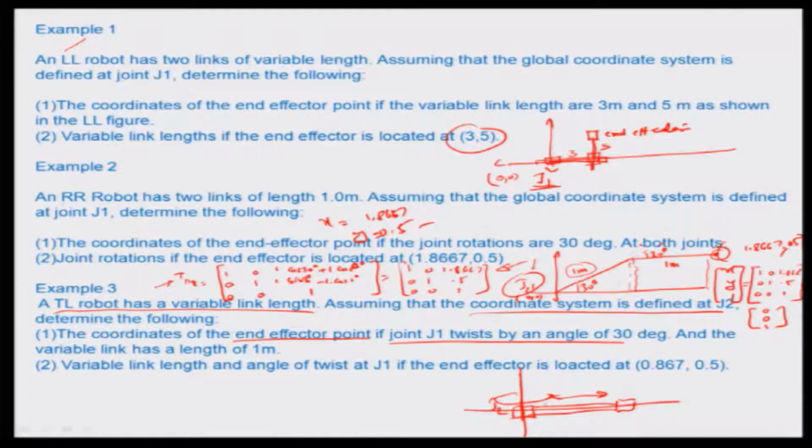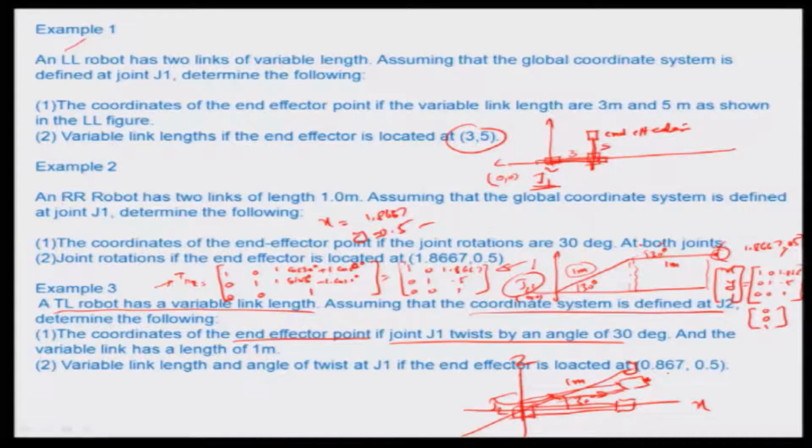So, basically this twist here of the joint is by a certain angle. So, it goes here in the xy plane. This is the xy plane, let us say this is the z axis, and so this twists by 30 degrees and the total variable length of the arm is about 1 meter. So, you will have to find out the end effector's position coordinate.